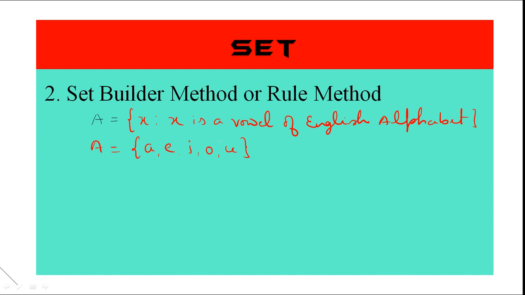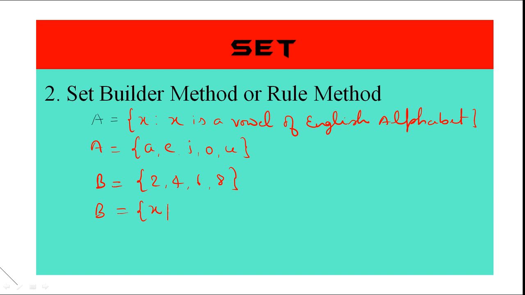So, the characteristic property is written. Once again, let me remind you, I wrote set B as 2, 4, 6, 8. This is the listing method, the previous one. And if I write the characteristic property, then I will write x such that, you can either write two dots or you can also draw a line.